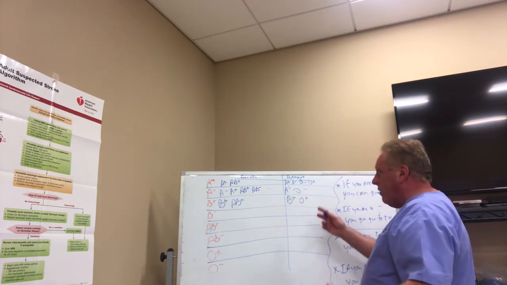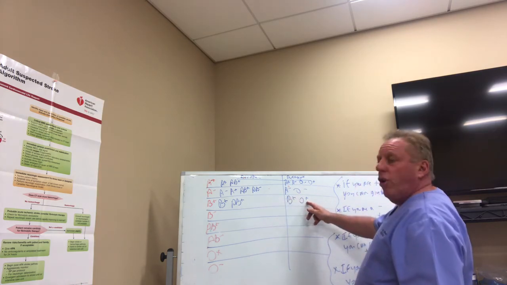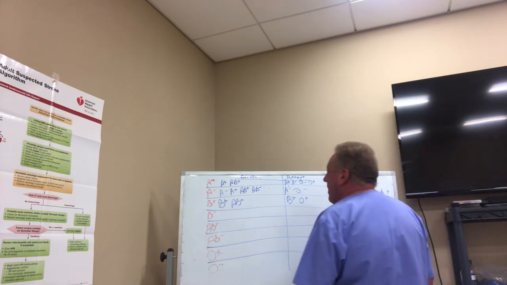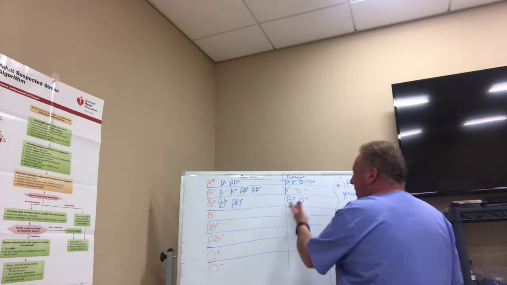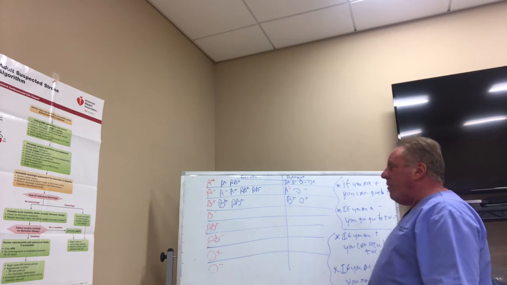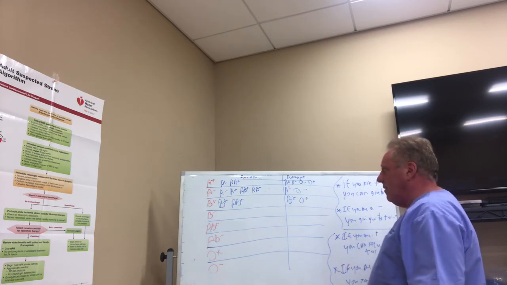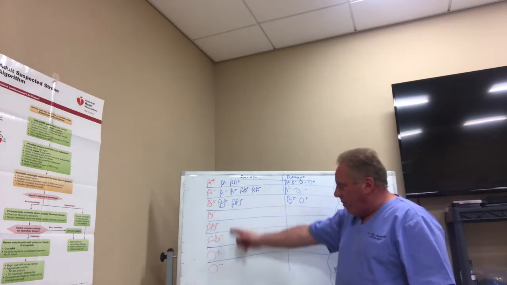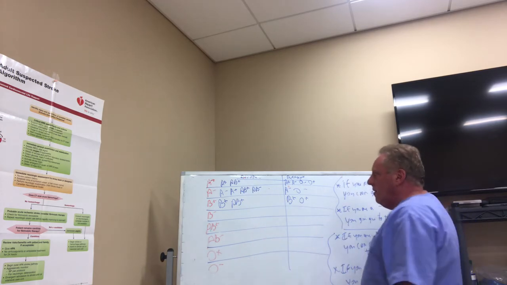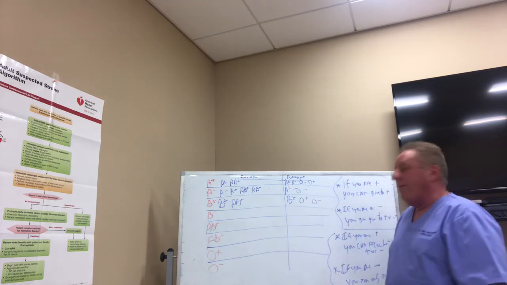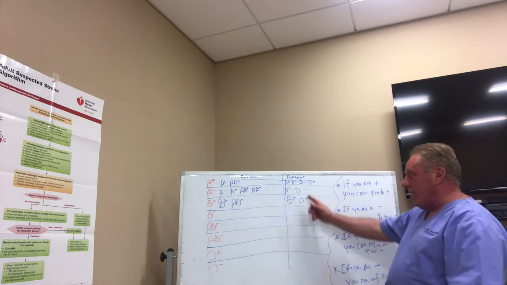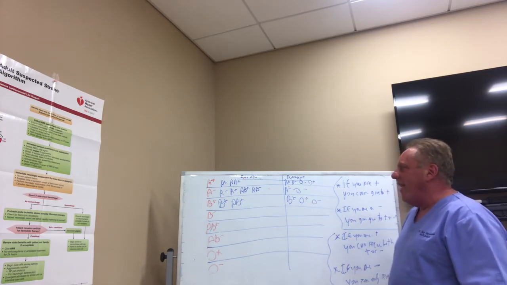I can take O positives, right? Because O positives are the universal donor for positives. Who else can I receive from? I can't receive anything else. You understand that? I can't take from anybody else. O negative, sorry. Always O negative. We see O negative all throughout here. Okay?